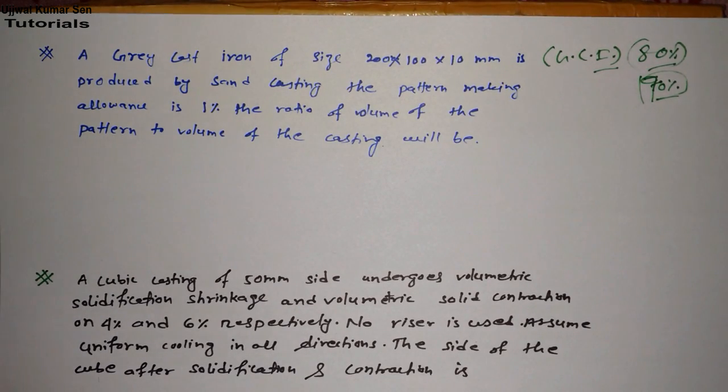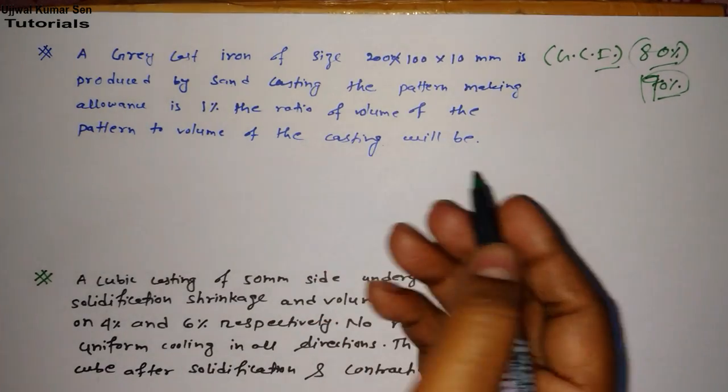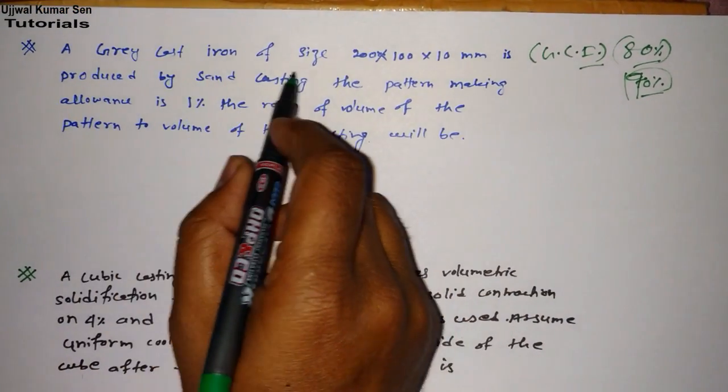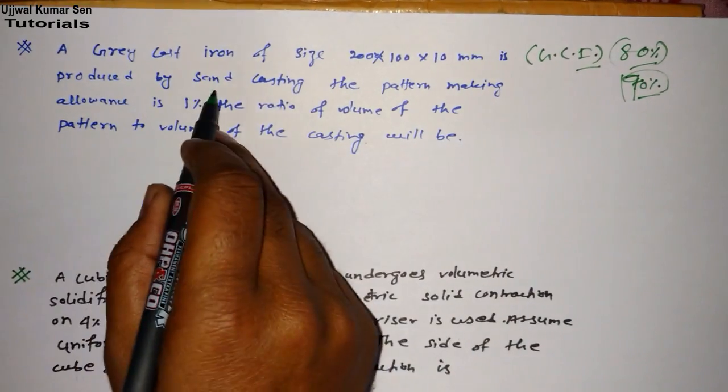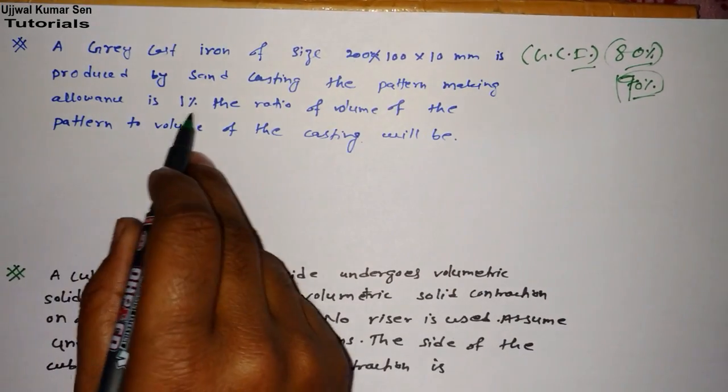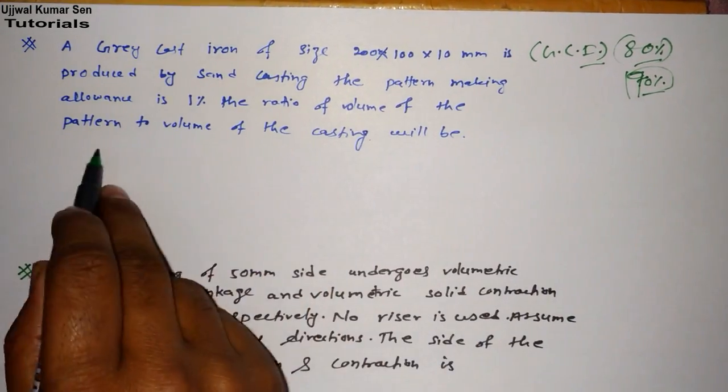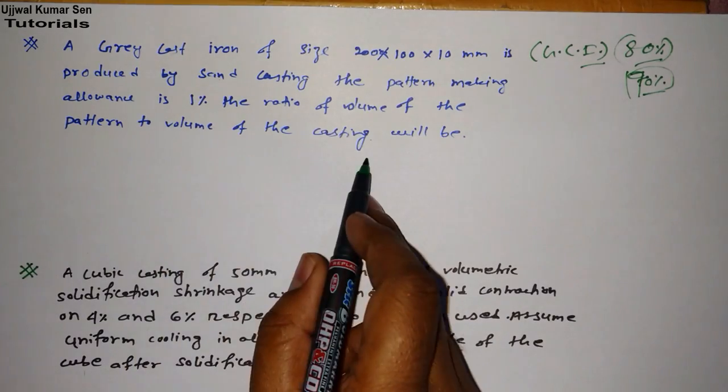Because in the case of gray cast iron, it will not shrink. The gray cast iron size is produced by sand casting. The pattern making allowance is 1% ratio of volume to the pattern, that means volume of the casting to the pattern.